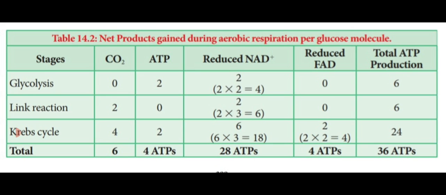The next one, the link reaction, carbon dioxide only 2. So NAD gets reduced. It takes place in the mitochondrial matrix. So 2 into 3, they are producing 6 ATP molecules. Then the Krebs cycle, 4 carbon dioxide is released, 2 ATP is produced.